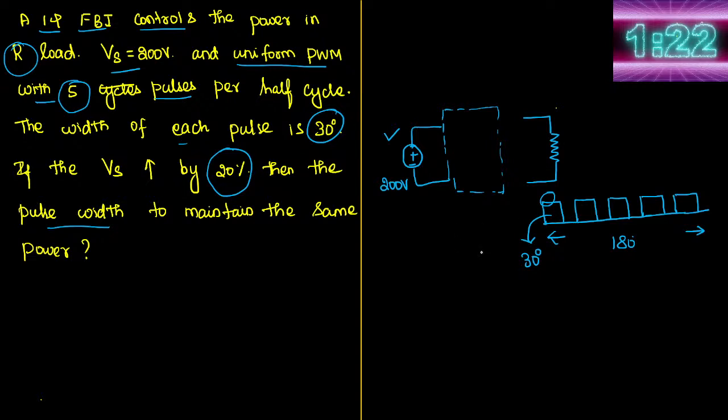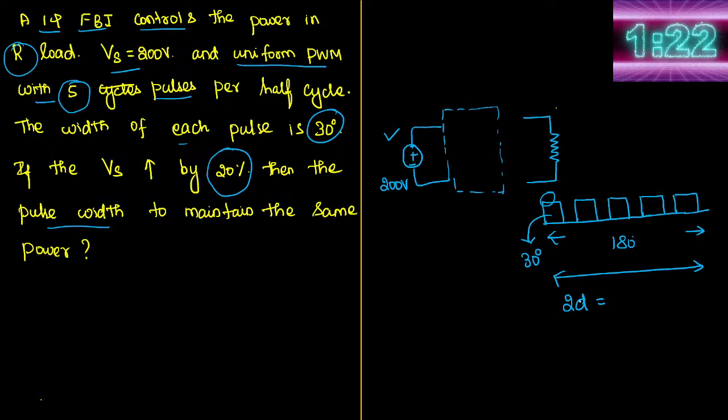That is the question. Sir, how can I figure it out? Let us see. One pulse is carrying 30 degrees. They are simply talking about pulse width, and I need the total pulse width. We know the total pulse width is considered as 2D.